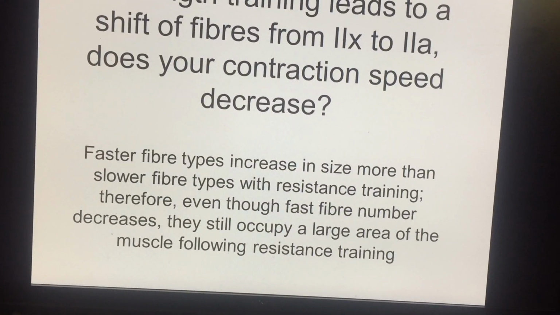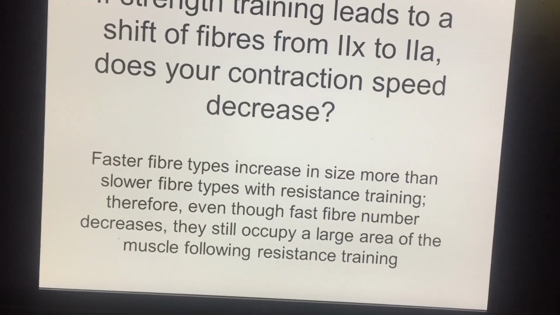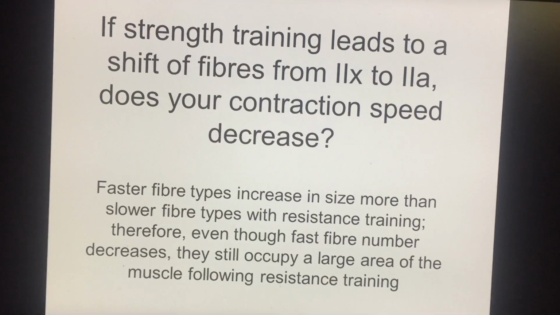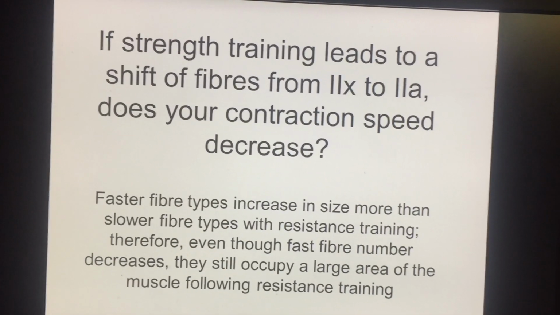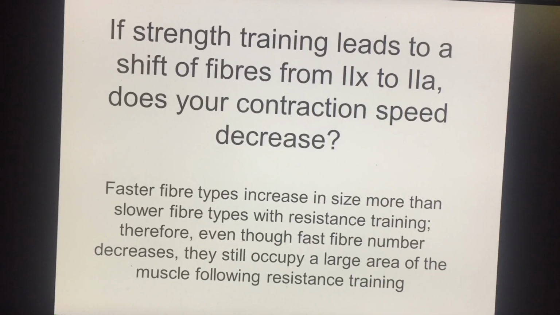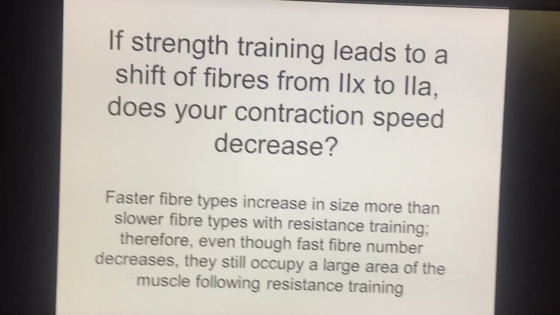And so despite having a bit of a shift to a slower fiber type composition, because the fast fibers occupy a larger area of the muscle following training, the actual percentage by area of the fast fibers doesn't really change that much.